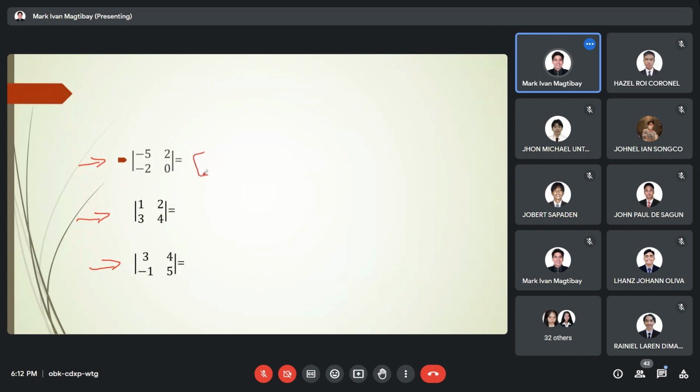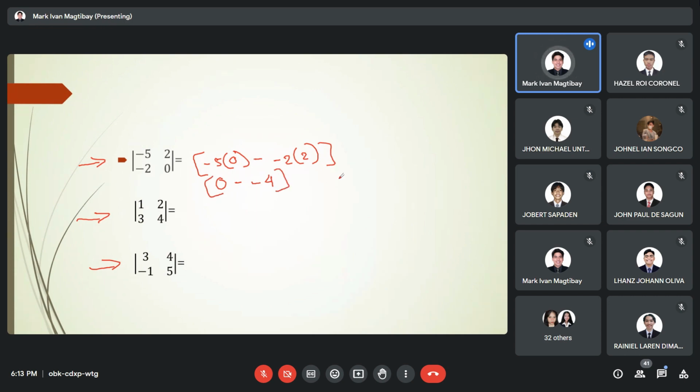Step by step ulit. So negative 5 times 0 minus yung kabila naman negative 2 times 2 po natin. So magkakaroon po tayo ng sagot na 0 minus negative 4 po. Na alam po natin, minus, mekos.